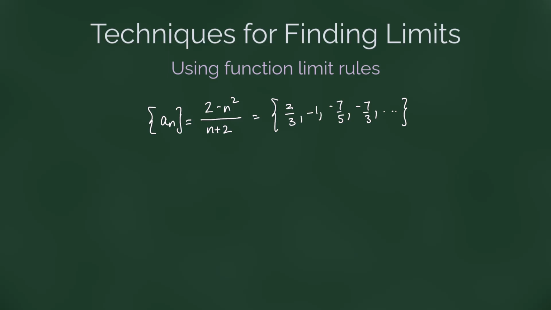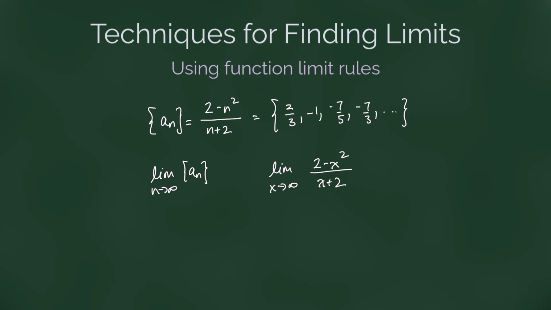We can compare this limit as n approaches infinity of our sequence a sub n to the limit as x goes to infinity of the function (2 minus x squared) over (x plus 2). Now we know we have some limit techniques we can use here.